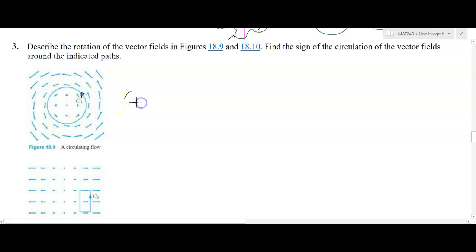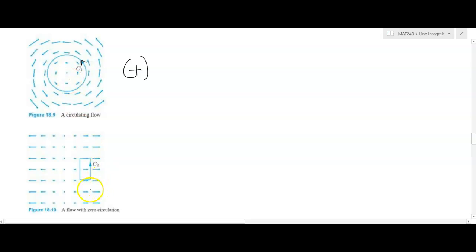So we would expect a net positive line integral, which is, again, just the sum of dot products. Now in this one, we're going around the circulation here. On this portion of C2, we are moving with the flow of current, so that's going to give us a positive dot product.